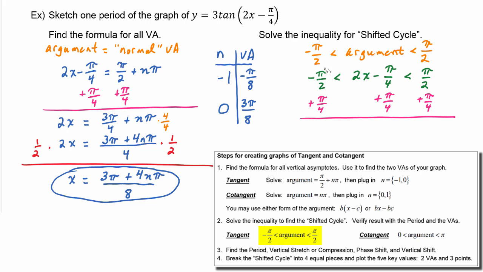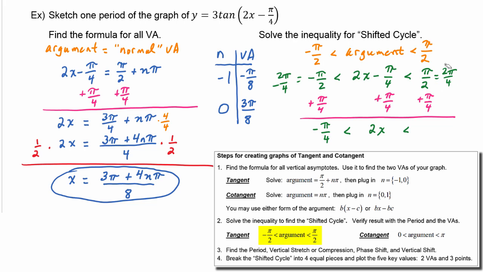Negative pi over 2 is, of course, negative 2 pi over 4. So negative 2 pi over 4 plus pi over 4 is negative pi over 4. The middle becomes 2x, and the right side, we know pi over 2 is 2 pi over 4.